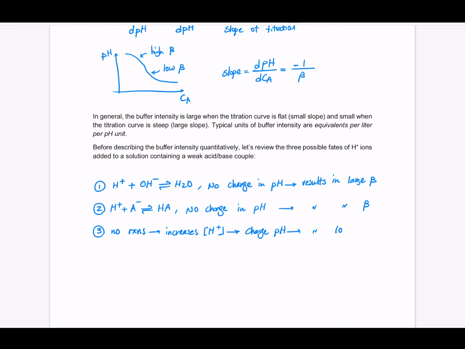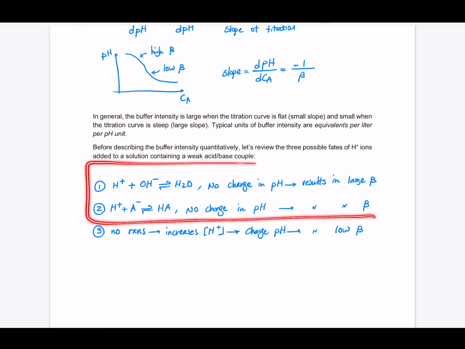It results in a low beta. So it seems these two have individual contributions to the overall buffer capacity.